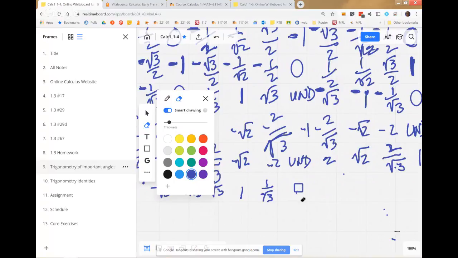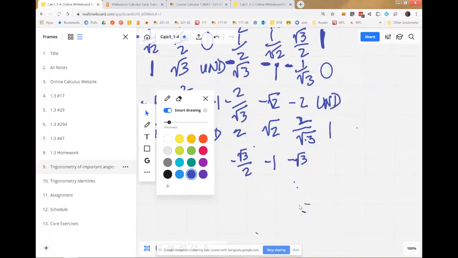Interesting how that automatically turned to a quote box. Wow, I'm getting automatic characters here that I did not intend. Look at that thing. That's supposed to be negative square root of 3 over 2. Negative 1, negative square root 3. And finally, undefined.